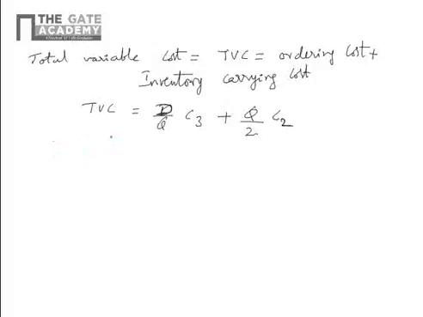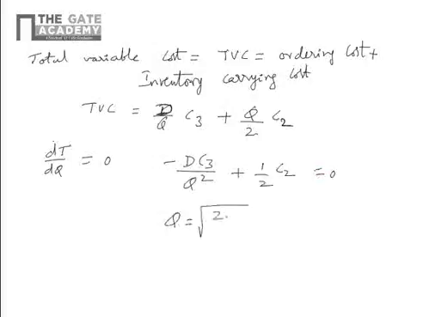It is a function of Q. So if dTVC by dQ equal to 0, so minus DC3 by Q square plus C1 by 2 equals 0. Sorry, this is not C2, it is C1. Please correct it.